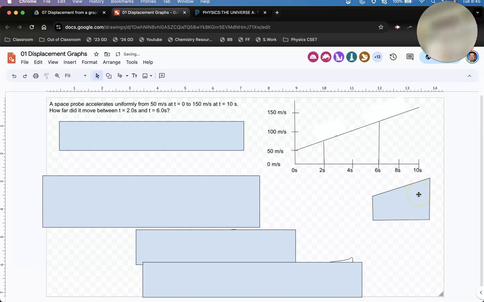So I want you to draw a vertical line at 2 seconds and 6 seconds, because everything in that trapezoid, this shape here, is going to be the distance the space probe can travel. It might be 2.1 seconds, it might be 3 seconds, it might be 5 seconds. Whatever number of seconds the space probe is traveling at, everything here will be the distance.